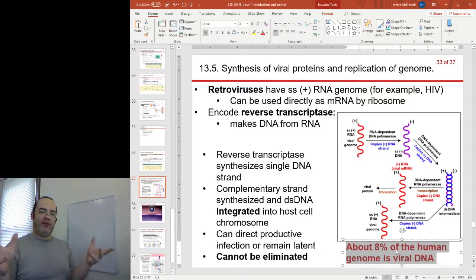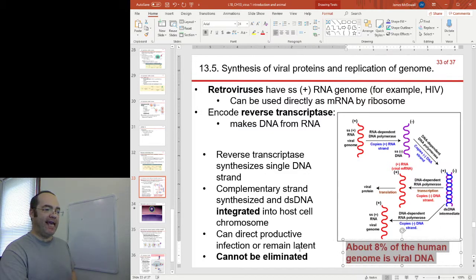It may not even do anything anymore. Maybe at one time it was causing viral proteins to be generated, but if the purpose of life is to replicate DNA, then these retroviruses have been very successful because they're just hitching a ride inside our cells.